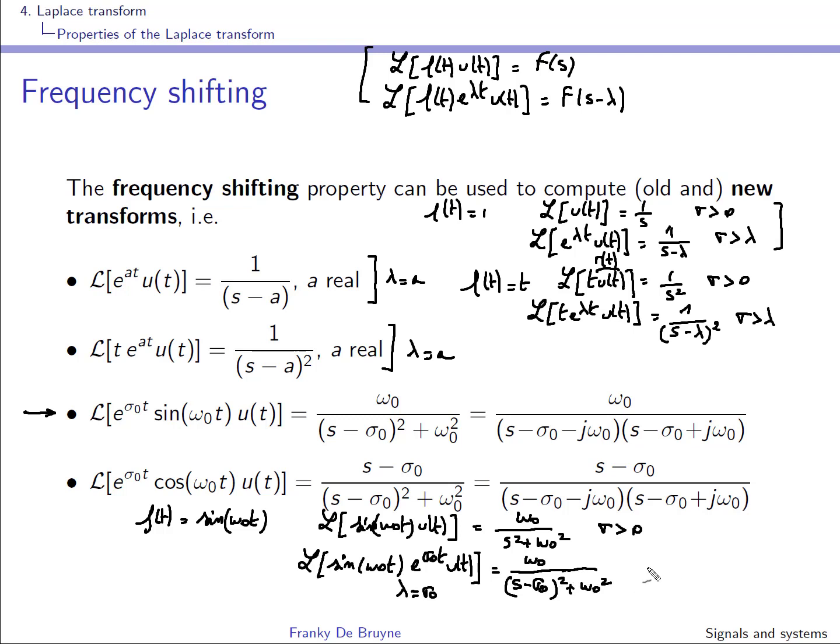The region of convergence will be shifted by sigma 0. This is what we obtain. This is what we see over here, and you can also factor the denominator and you obtain then this expression over here, in which you see that the poles are sigma 0 plus minus j omega 0.